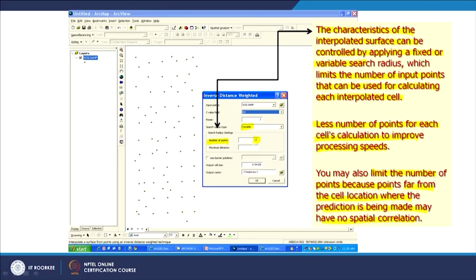So, there always has to be an optimum number of points or size of radius which we choose. By considering very far points, you are creating a predicted surface which may be very far away from the real situation or reality. So, one has to be very careful while choosing these options.